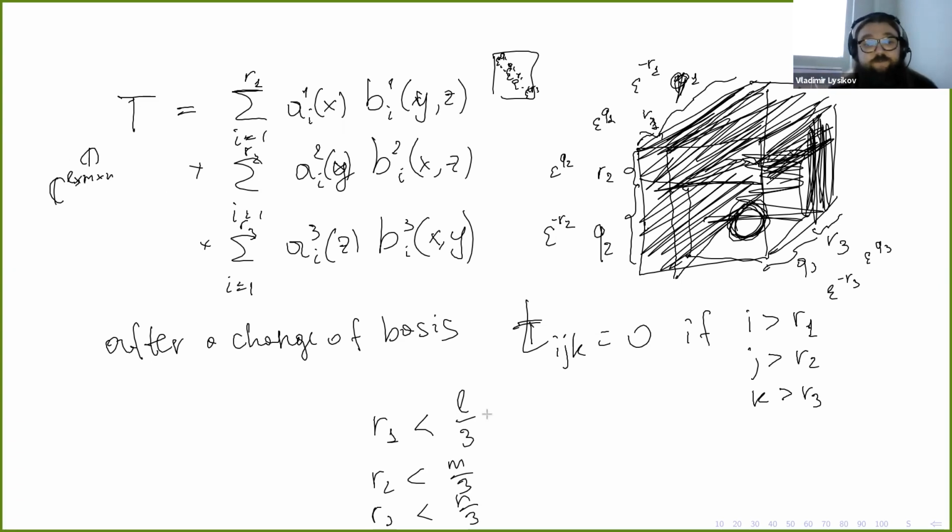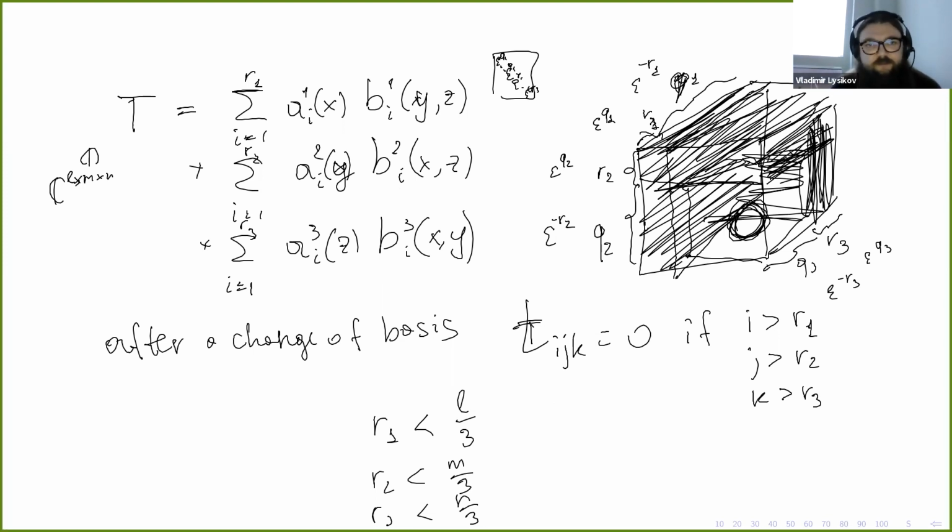So this means that if this decomposition has a very low number of summands, well, not actually very low, a constant times the dimension, then the tensor is not semi-stable. And this gives us a lower bound on the slice rank of a semi-stable tensor. So if a tensor is semi-stable, it must have large slice rank.